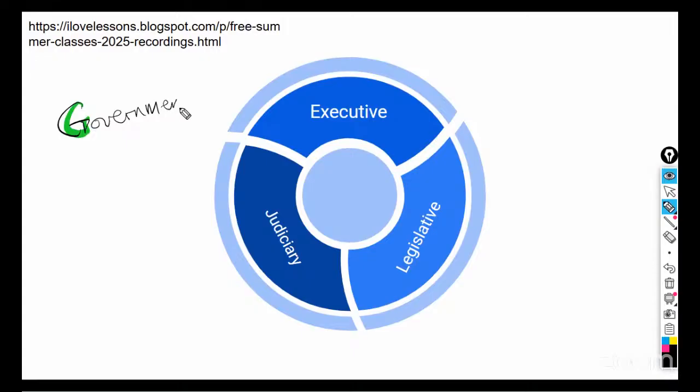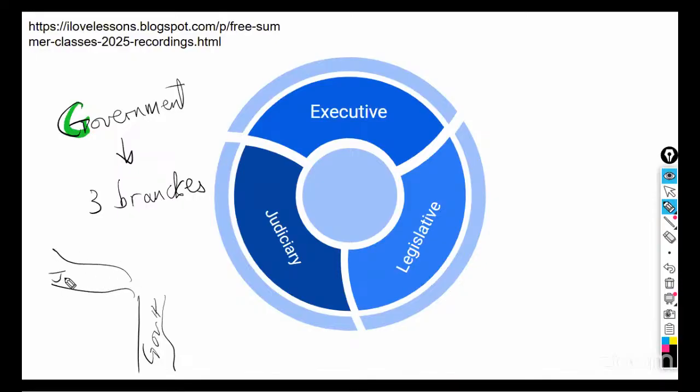You don't need to write, just make sure we understand 3 branches. If it were a tree, this is the trunk of the tree, government. This is one branch for the judiciary, one branch for the executive, and one branch for the legislative.